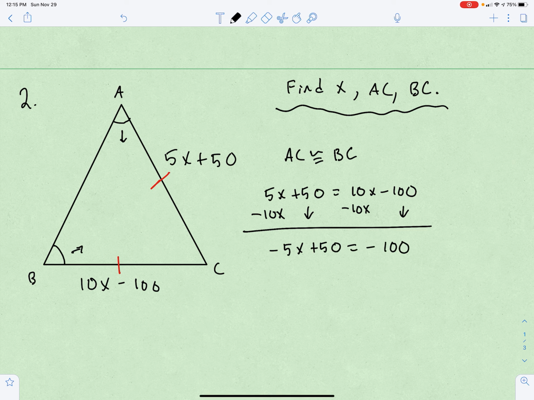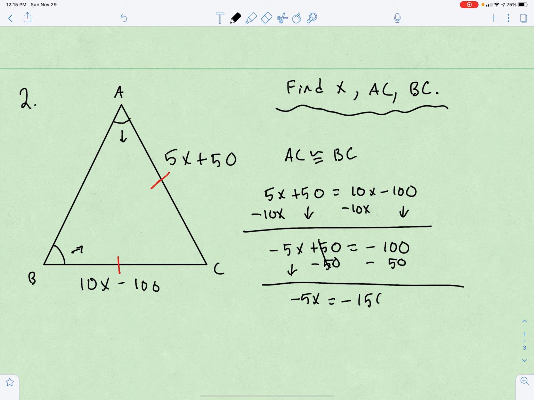Make sure you keep track of your negative signs. Now I'm going to subtract 50 from both sides. That goes away, and we get negative 5x is equal to negative 150. I divide both sides by negative 5, and I get x is equal to 30.